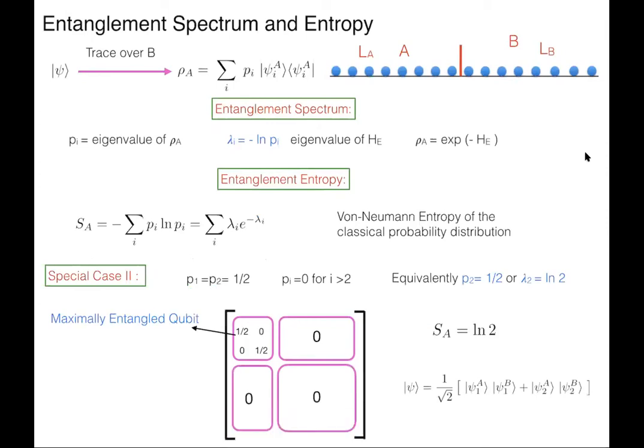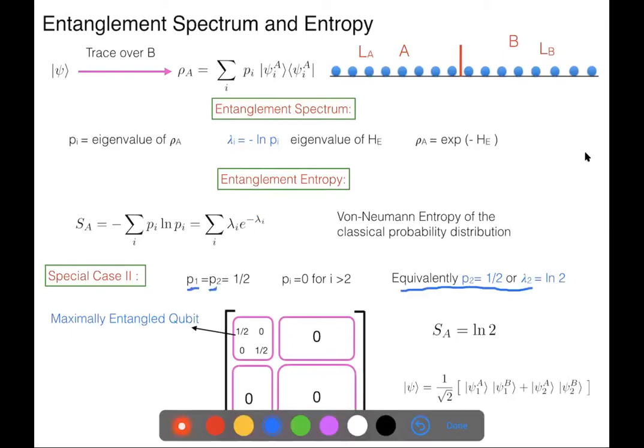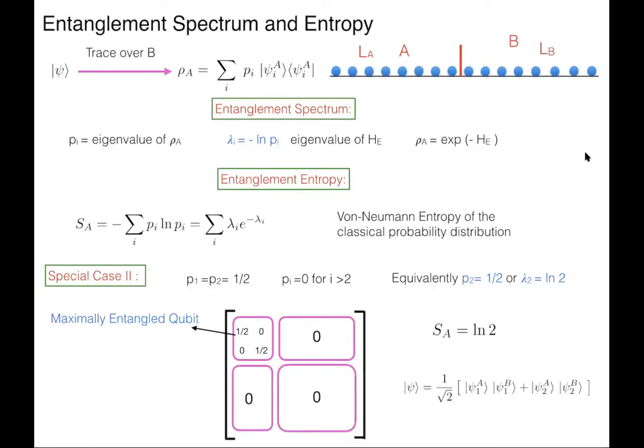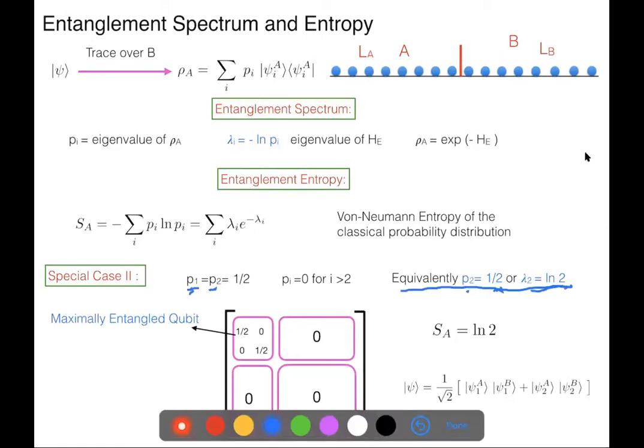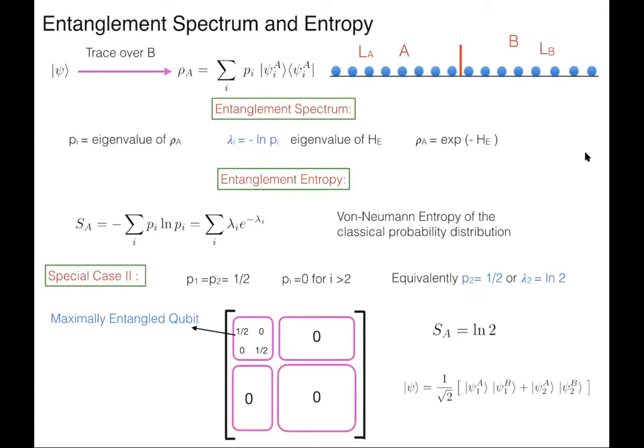This is a qubit, two-state space, where it's maximally entangled: half, 0, 0, half, and 0 otherwise. Note that if I just said p_2 is half, this would be the same as p_1 being half, because p_1 by definition has to be larger than or equal to p_2. So if p_2 is half, the only thing p_1 can do is also be half. Equivalently, I could have said lambda_2 is log 2, and I will get this maximally entangled qubit space.